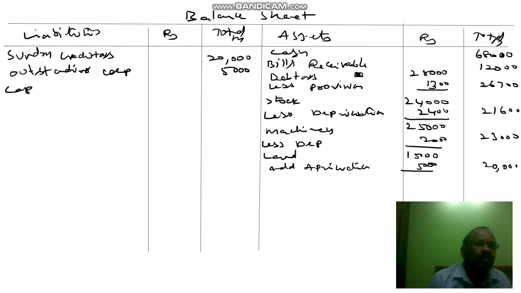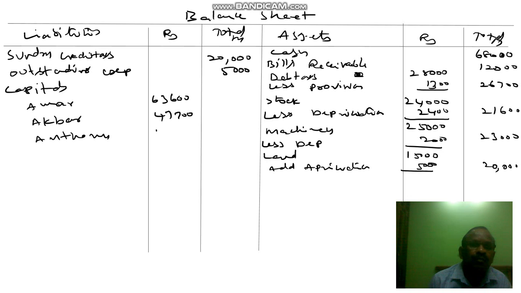Capitals: Amar is 63,600, Akbar is 47,700, Anthony is 35,000.